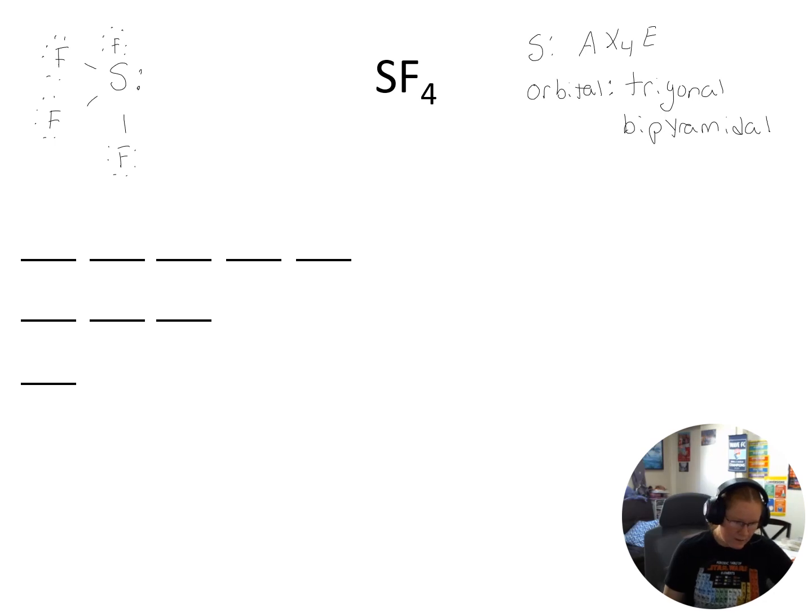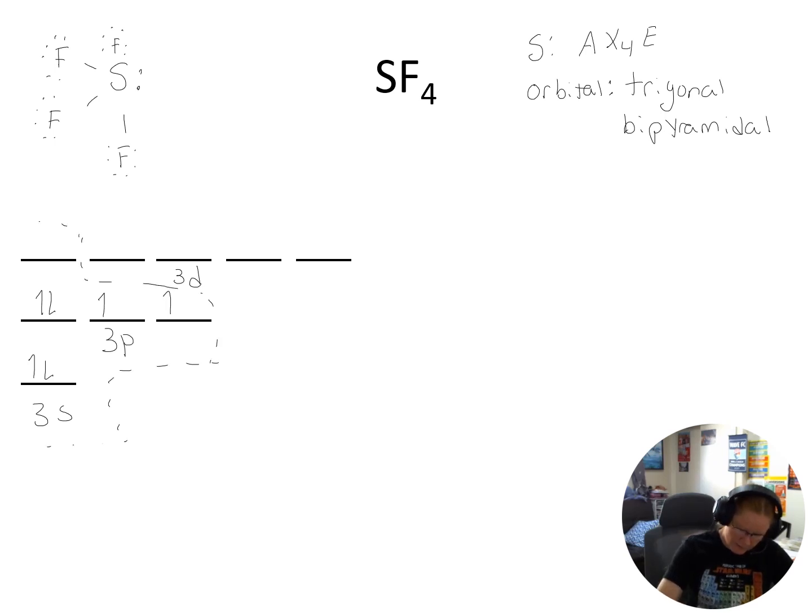Okay. All right, so we have our 3s, our 3p, our 3d. Sulfur has 6 valence electrons, so we have 1, 2, 3, 4, 5, 6. All right, we need how many places to put things? 5. So we're going to take this, one of our d's, and mix.